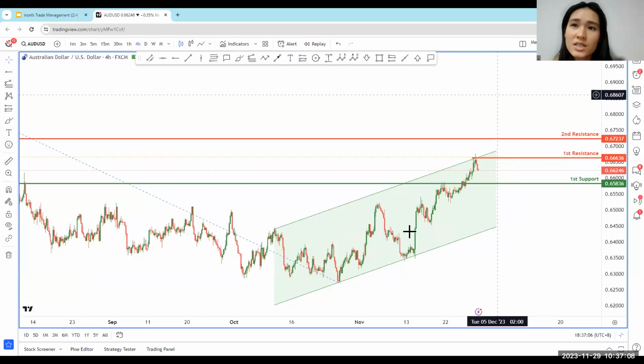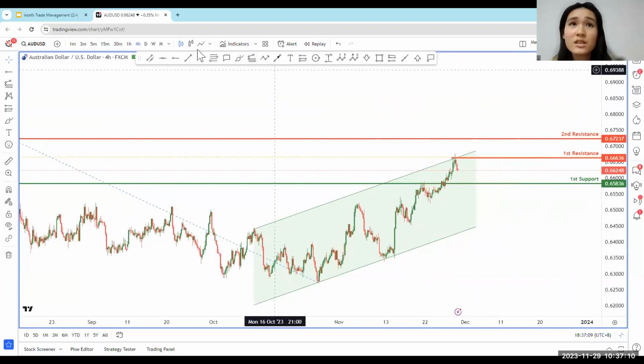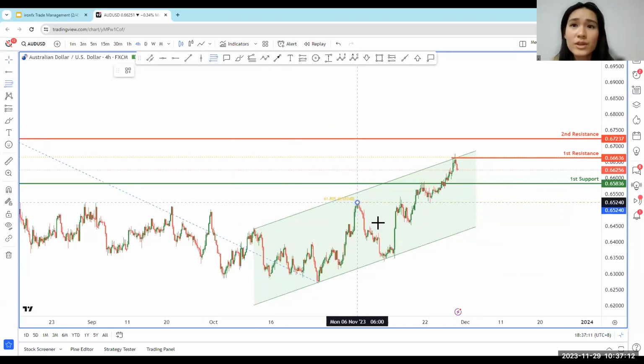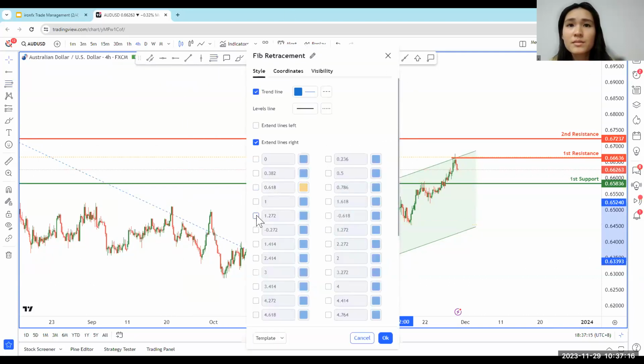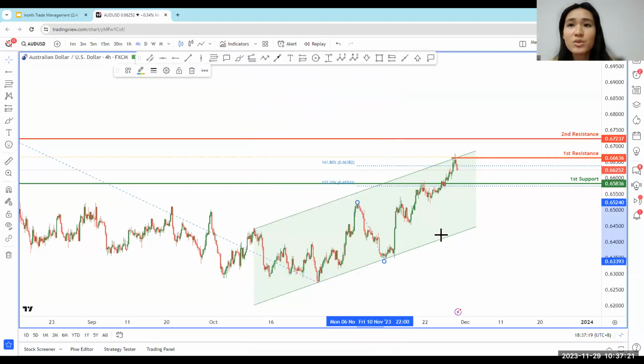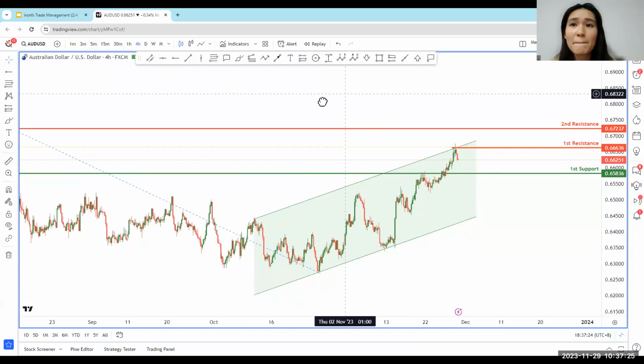There is a slight tick shape over here, so let's see if we have any levels. But price has already broken these levels, so it's no longer valid.